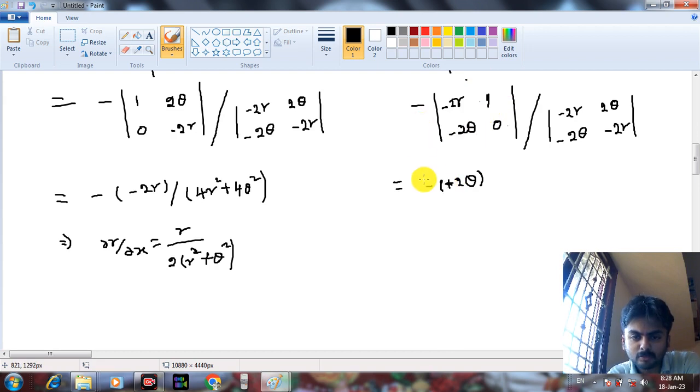Already we are having one minus outside, so that minus is here, divided by 4 r square plus 4 theta square, the denominator is common.